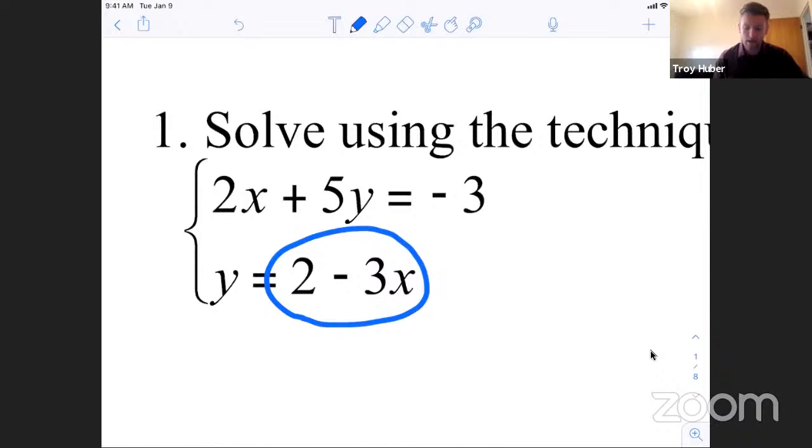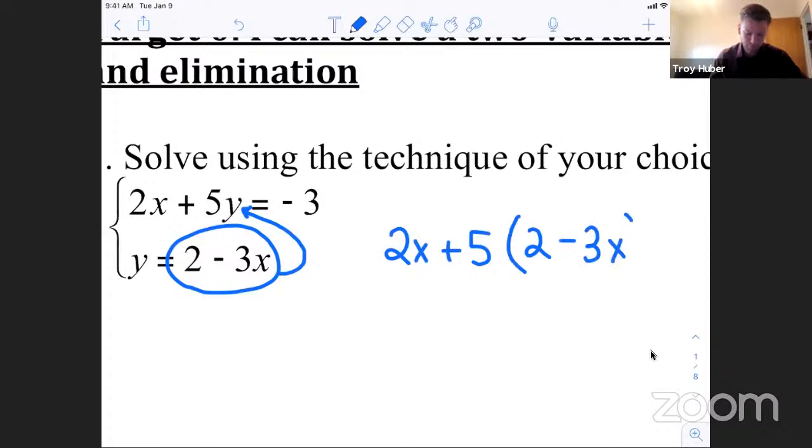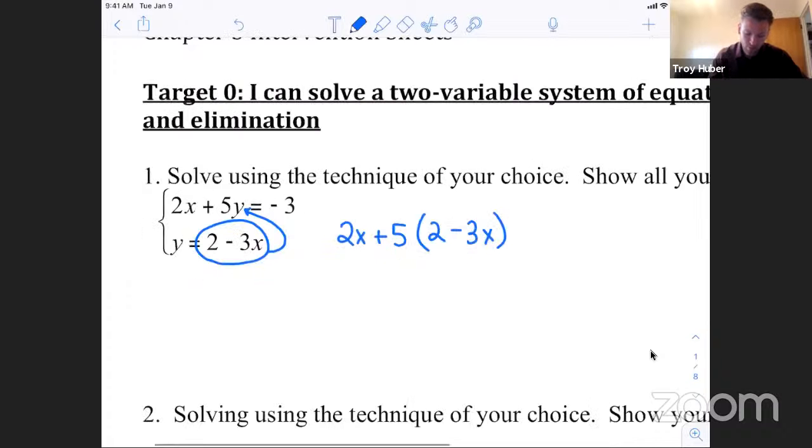So I can substitute this in for this y variable in our other equation. I would have 2x plus 5, and now instead of that y, I write what I'm substituting in, that 2 minus 3x, is equal to negative 3.